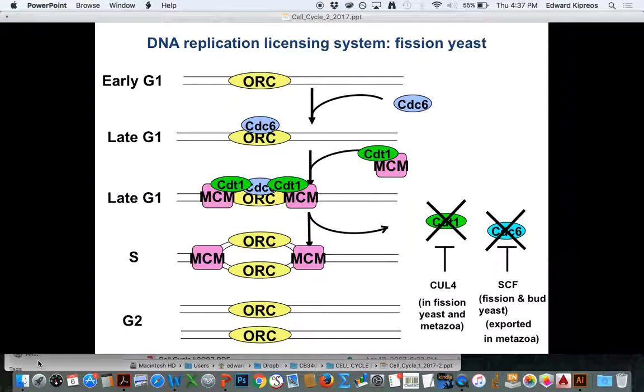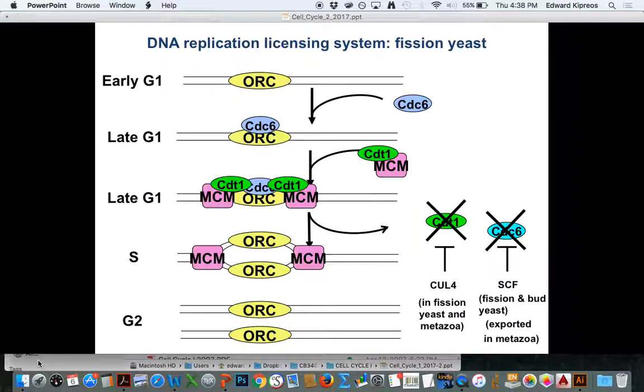So you guys remember what a helicase is? What is a helicase? It's going to open up the DNA, and you can't replicate DNA unless you open it up, right? To make the bases accessible. So the helicase complex is called MCM 2 through 7, but you can call it MCM. So it brings in the helicase. But this is all happening in G1 phase, and the helicase is not active yet, okay?